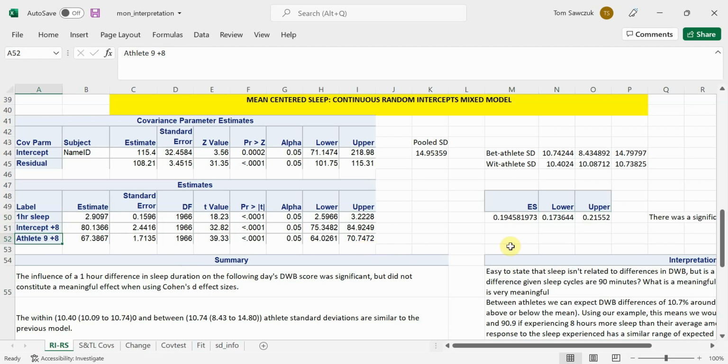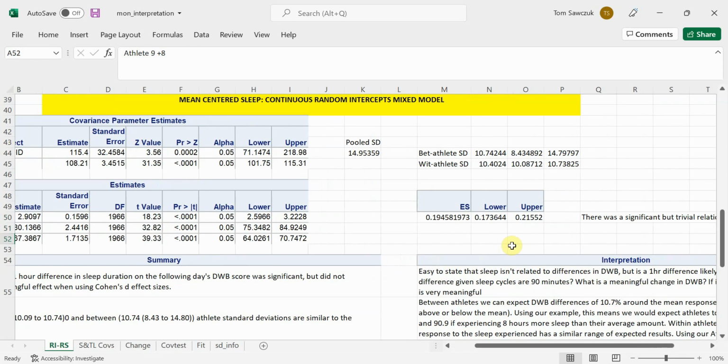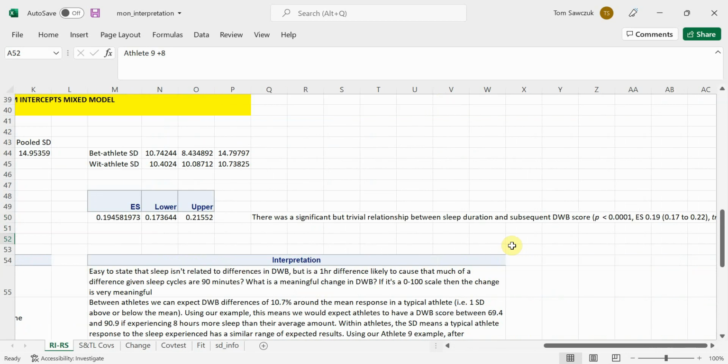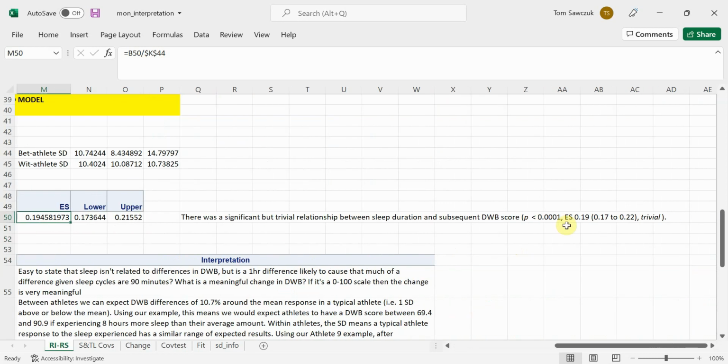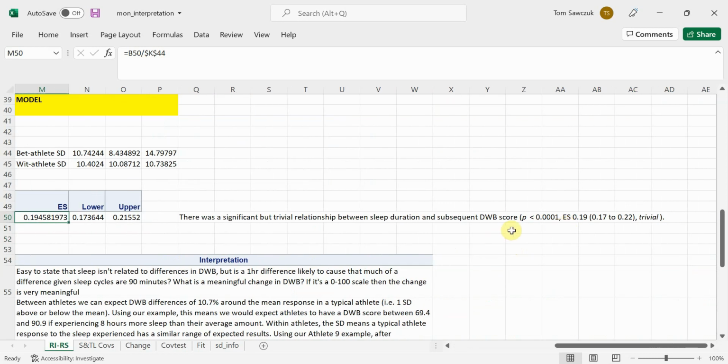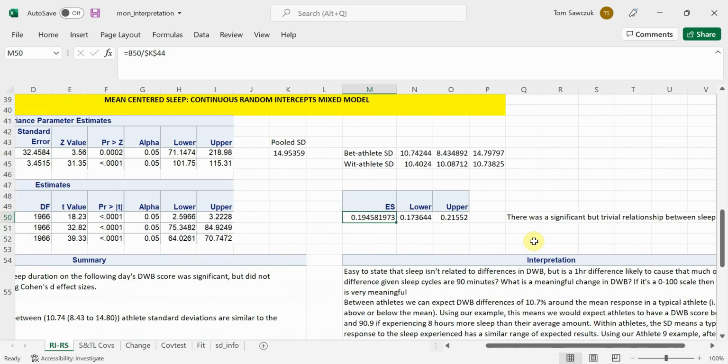And then that's it. So let's have a look at the effect size first. So there was a significant but trivial relationship between sleep duration and subsequent daily well-being score. Again, significant, but the effect size is less than 0.2. So the effect is trivial.